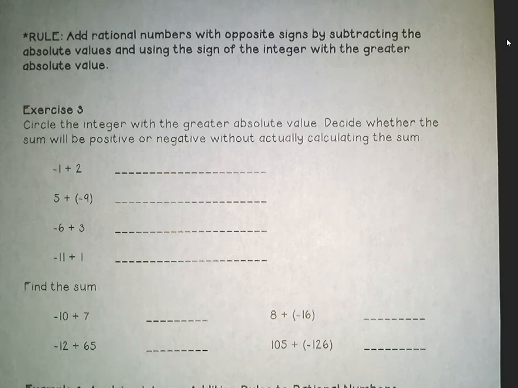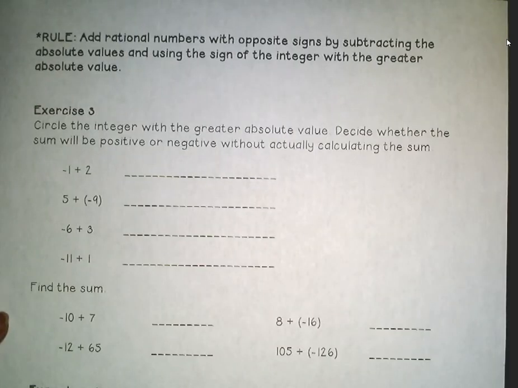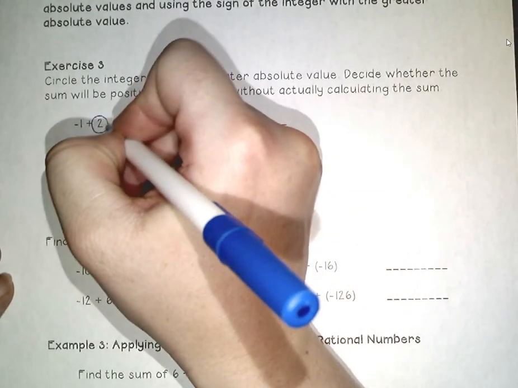Okay, so how does it apply to our numbers? Exercise 3. Circle the integer with the greater absolute value. Again, absolute value is the distance from 0 to that number on the number line. Decide whether the sum will be positive or negative without actually calculating the sum. Okay, so -1 plus 2. Which absolute value is the greater? 2 has a greater absolute value.